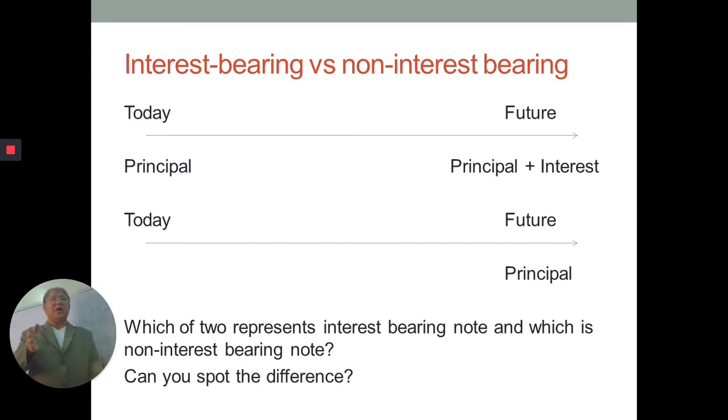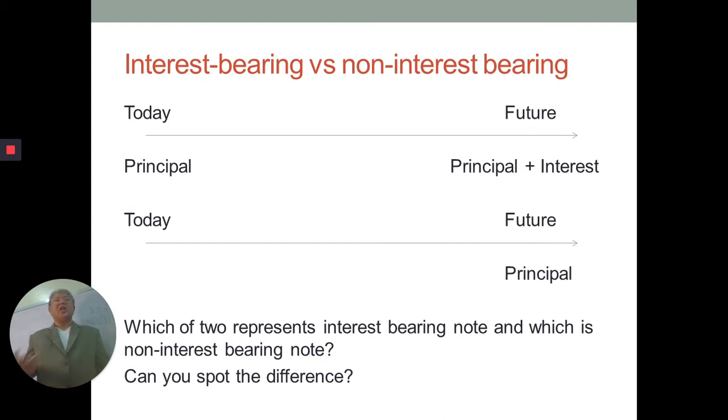In the future, the value of the obligation is the principal plus, of course, the interest. Whereas in the second scenario, you have today and the future, and the principal is the future value of the obligation. Now, if I ask you which of these two scenarios represents the interest-bearing liability and which is a non-interest-bearing liability, can you spot the difference in the two scenarios?